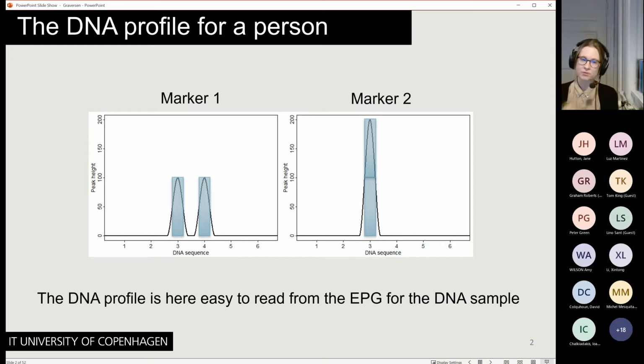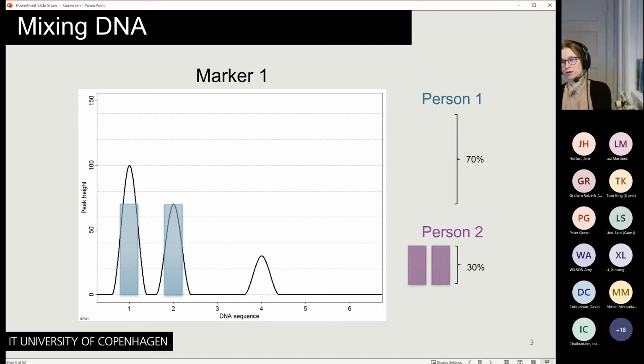Where statisticians come into the picture is mostly where you have a mixed sample, or somehow more complex sample. But let me talk about mixed samples, because this is the core of my research. Here I have a mixture. Say I've mixed 70% DNA from person 1 and 30% DNA from person 2.